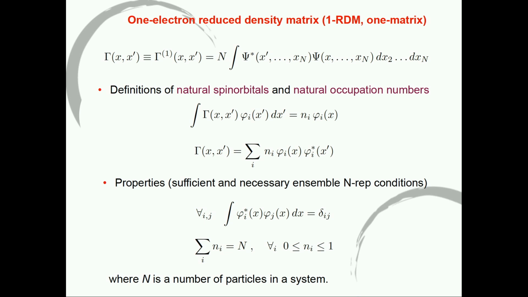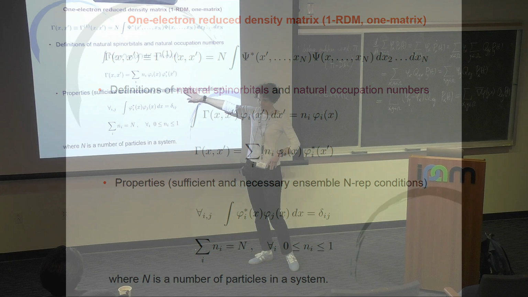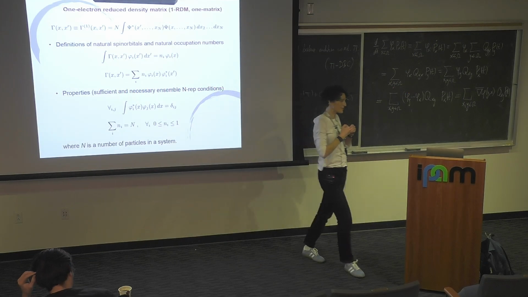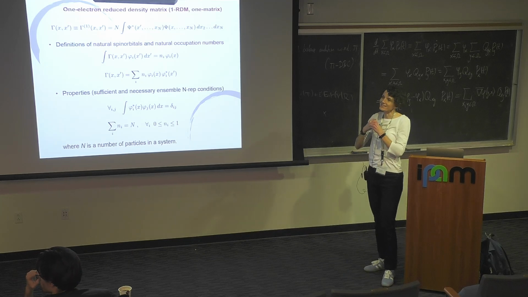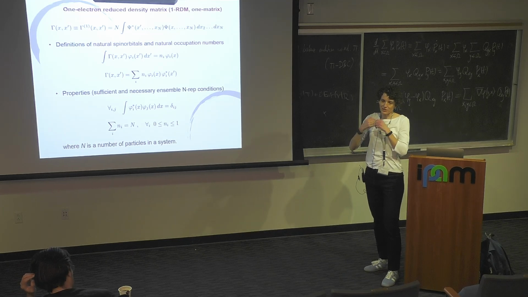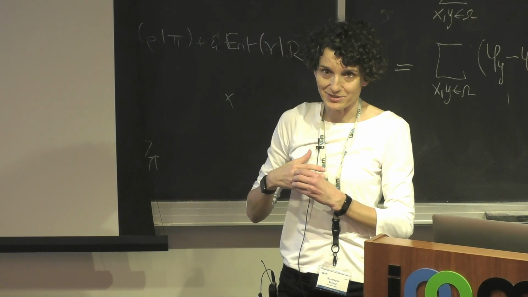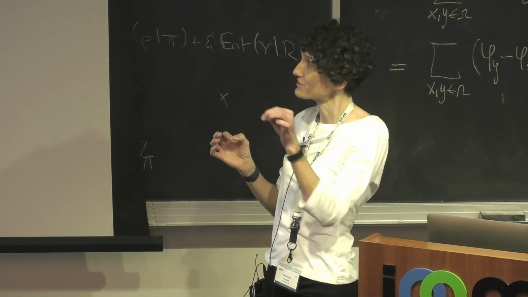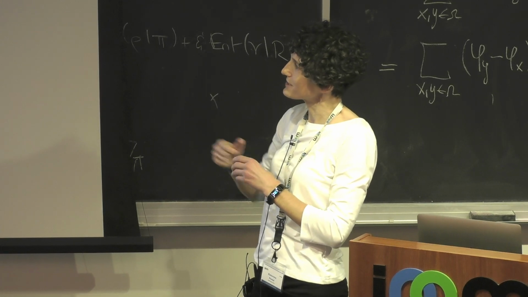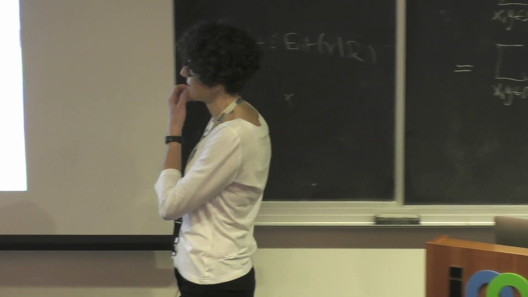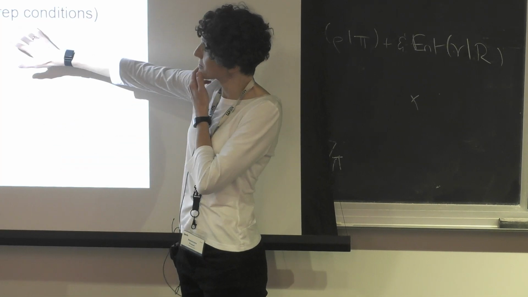So if you are given a density matrix, you can immediately verify if it's n-representable. Recall that ensemble n-representability means that there exists an ensemble of states which upon contraction gives you a given 1 electron reduced density matrix, right? So there's a link between an ensemble of states and the 1 RDM. That's what n-representability means. So those are the conditions.